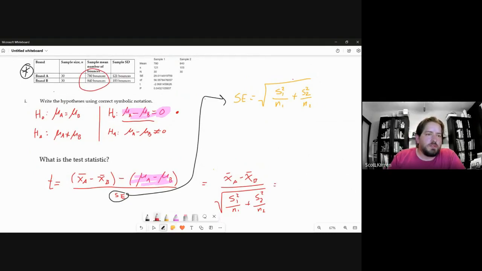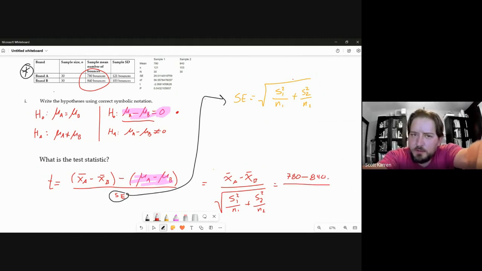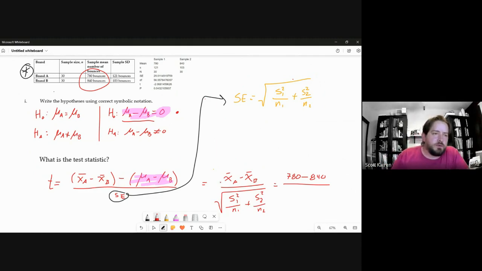So I'll just plug those in. Sample mean of A was 780, minus the sample mean of B, which is 840, divided by the square root of standard deviation of A squared over n.